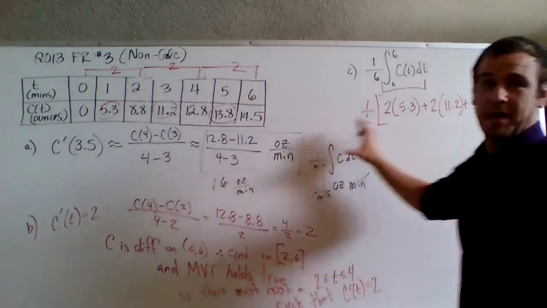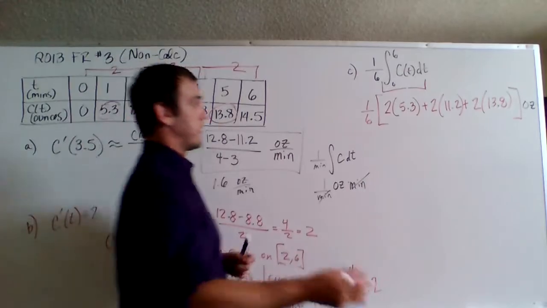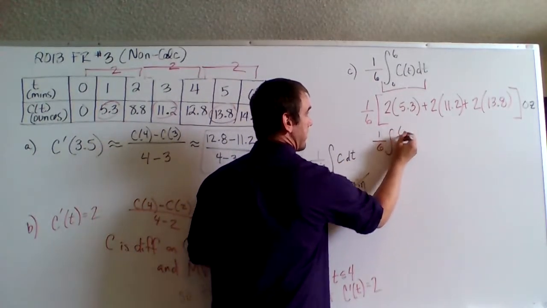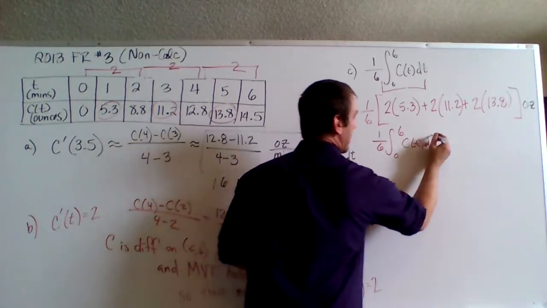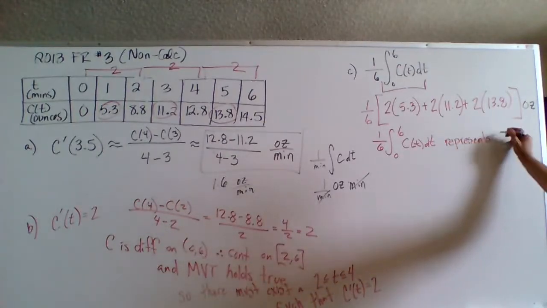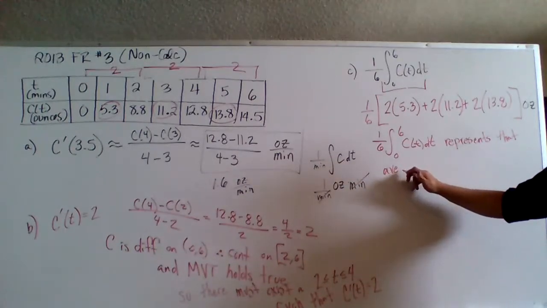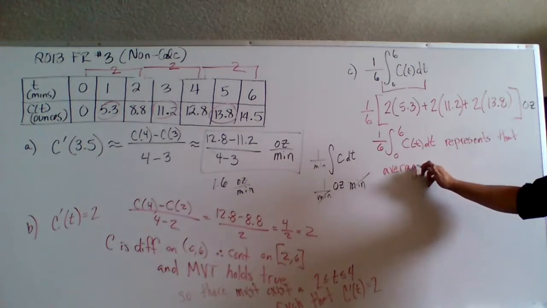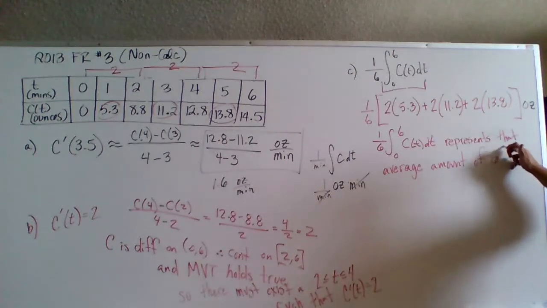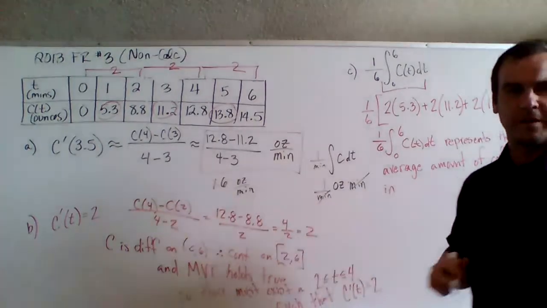So we don't really care what that number is, but the answer is in ounces. So what this is going to represent is 1 over 6 integral from 0 to 6 of c of t dt represents the average amount of coffee in, I believe it's a cup.